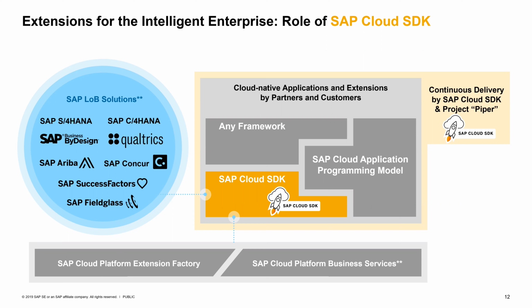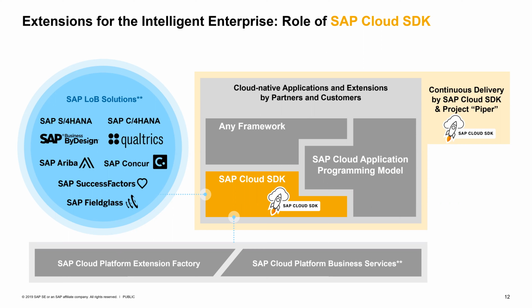In the Java world, Spring framework might be an example here. And the SAP Cloud SDK can be used without the cloud application programming model, but also with it. This is part of the area where we want to show you today what we did.